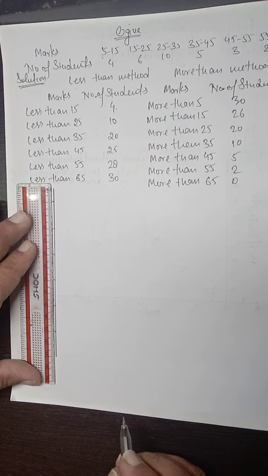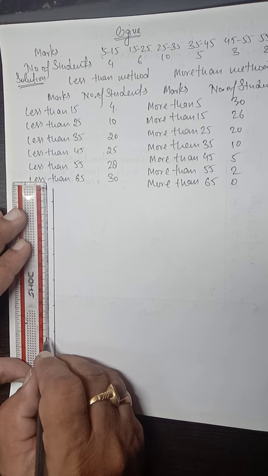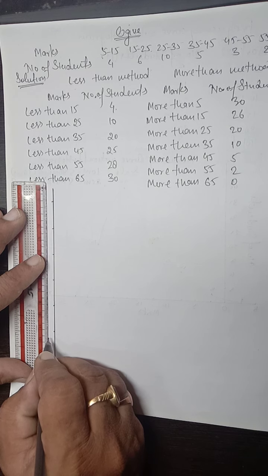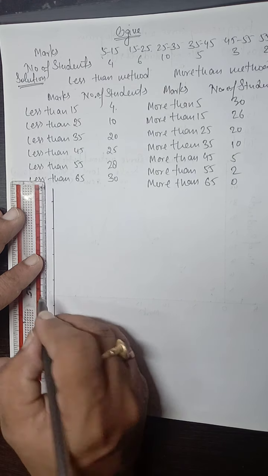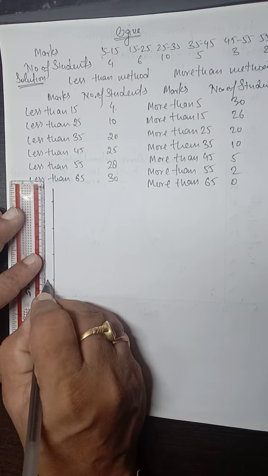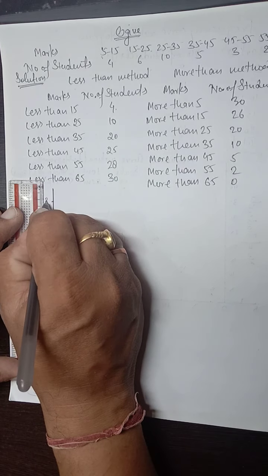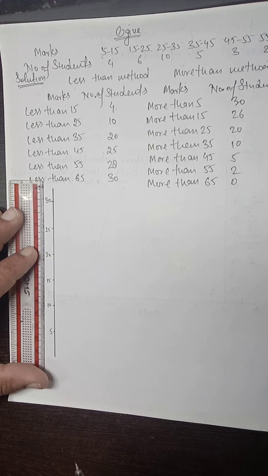Listen, Mitchell. We took here 5, 10, 15, 20, 25 and 30.